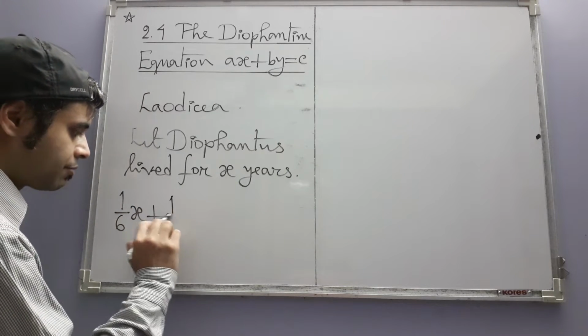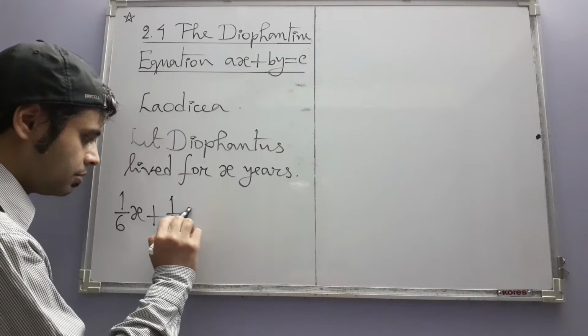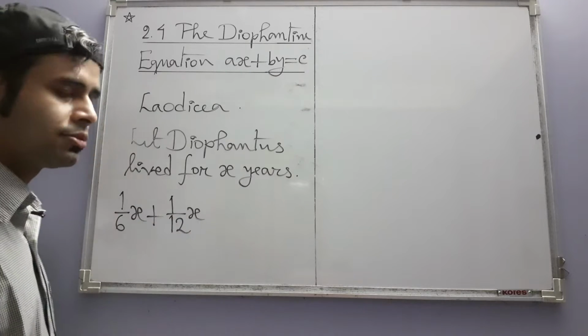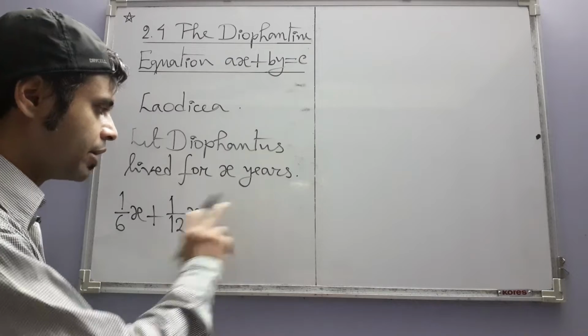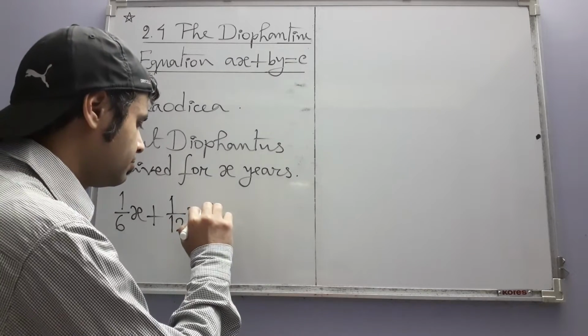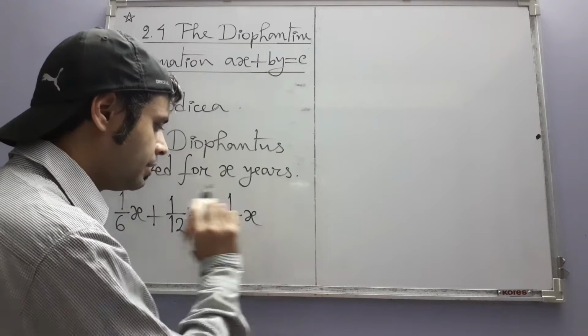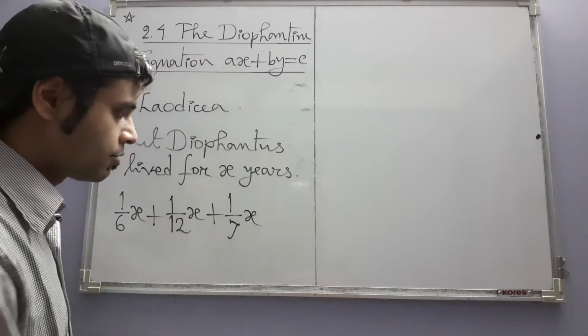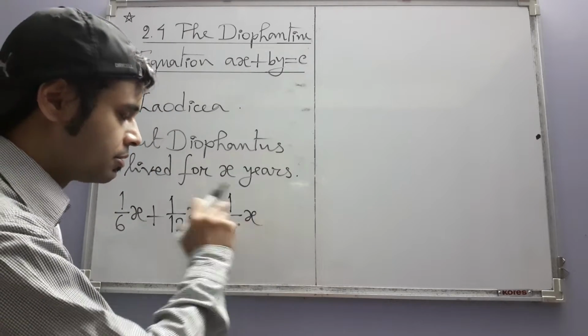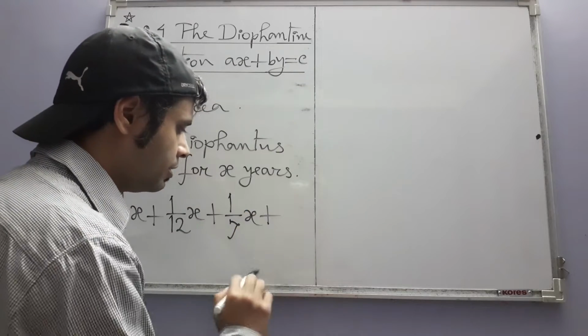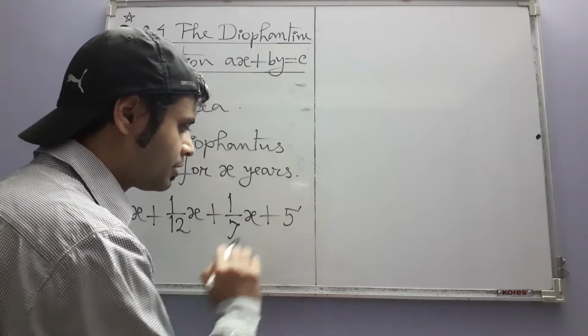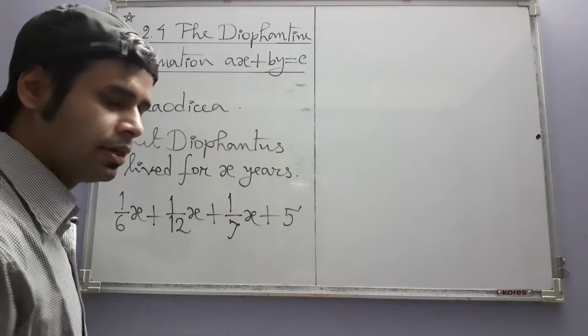Then after 1/12 more, his beard starts to grow. So at this point his beard starts to grow. After 1/7 more, he gets married. So at this point he marries. Then after 5 years of marriage, his son is born.